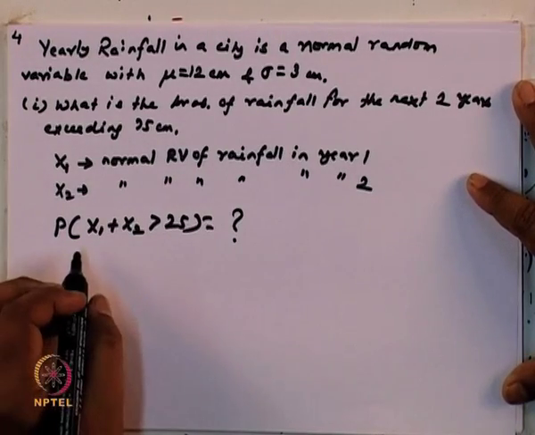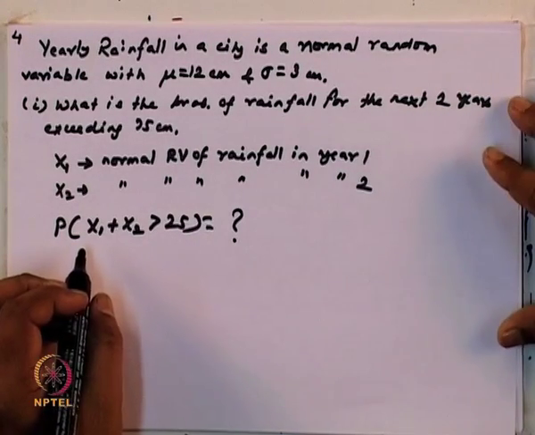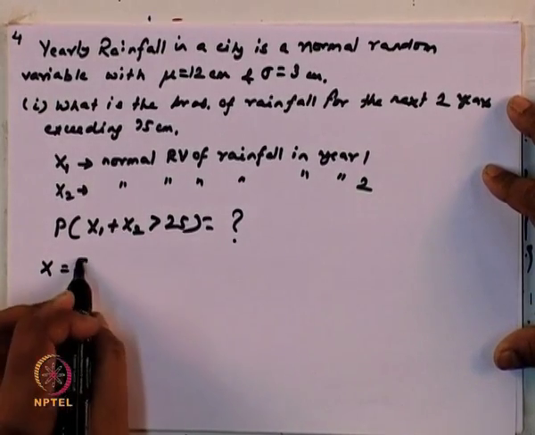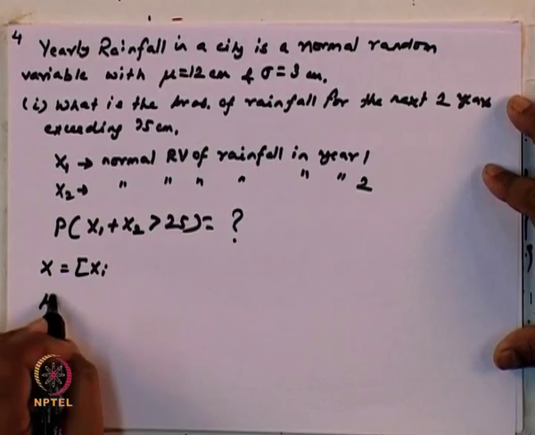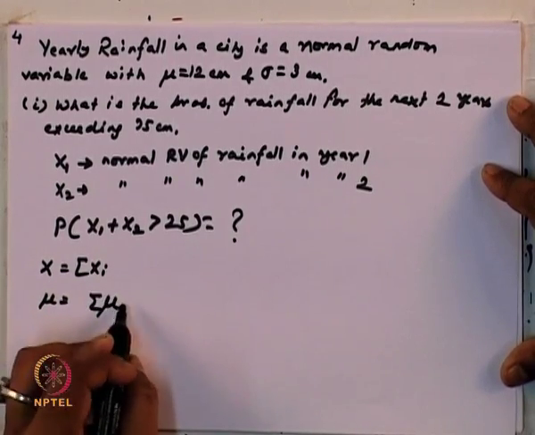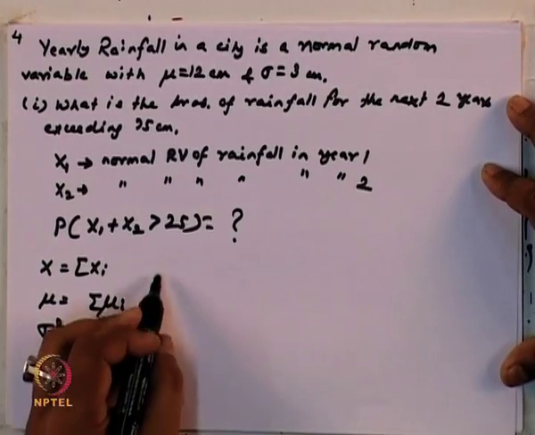Now invoking the theorem that we just proved, that for a variable x which is defined as summation xi, where the xi's are normal random variables, your mu is summation mu_i, and sigma square is summation sigma_i square.